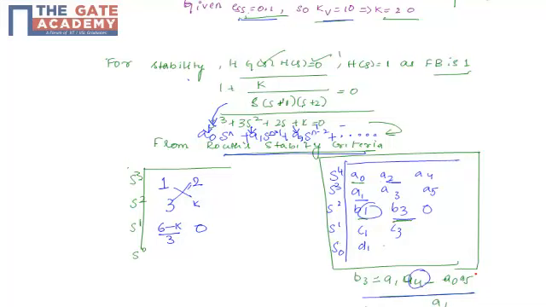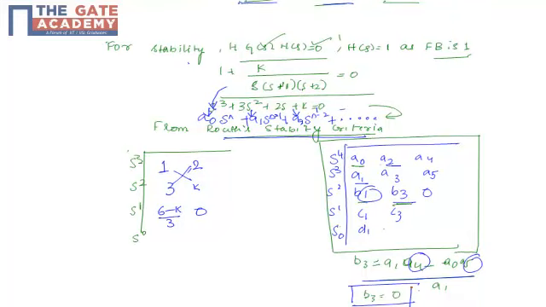As we don't have A4 and A5 terms, B3 will be equal to 0, and s0 is directly K. What is the condition? K should be greater than 0, and (6 minus K) by 3 should be greater than 0 from the Routh table. So K is less than 6.